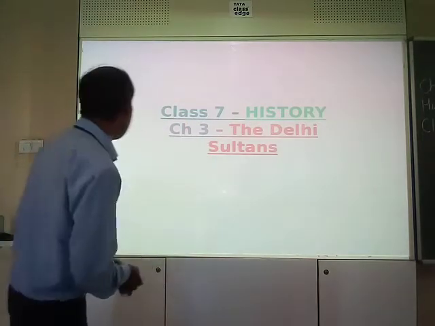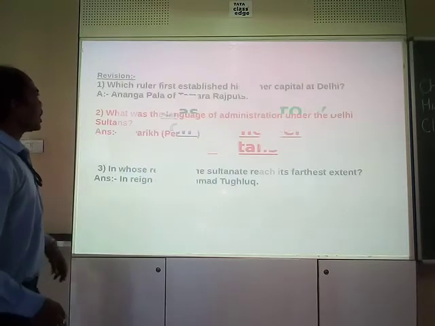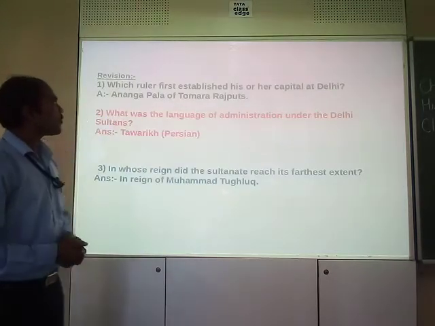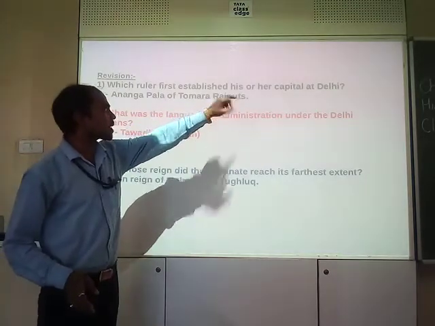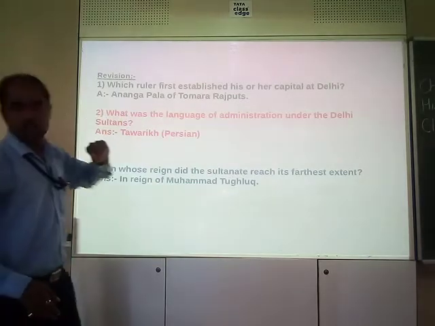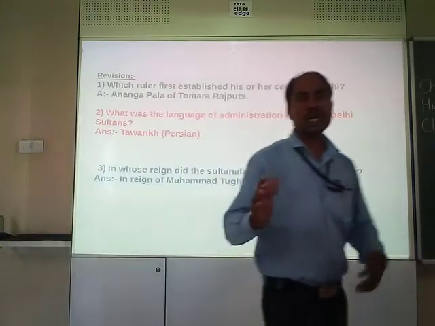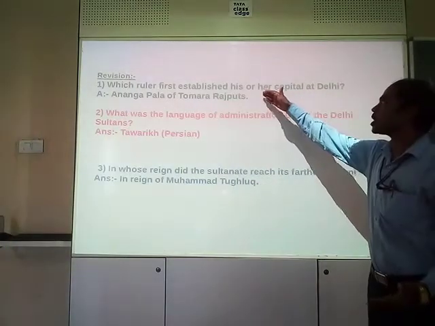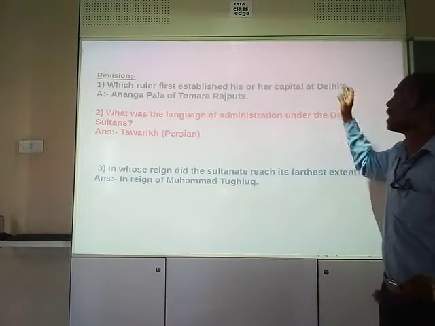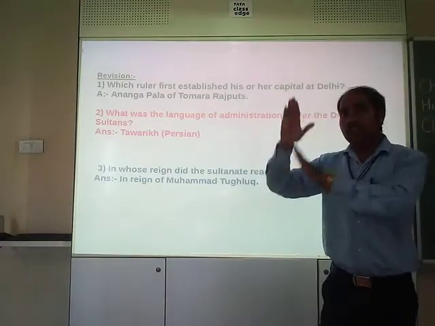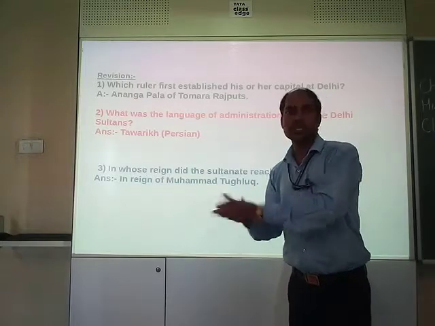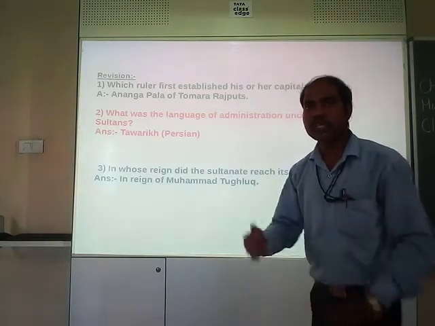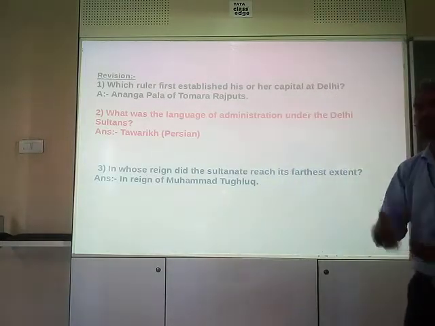The first question of your textbook states, which ruler first established his or her capital at Delhi? So name the ruler who established his or her capital at Delhi. Remember page number 31, which I gave during the discussion class or your notes class, the log notes.